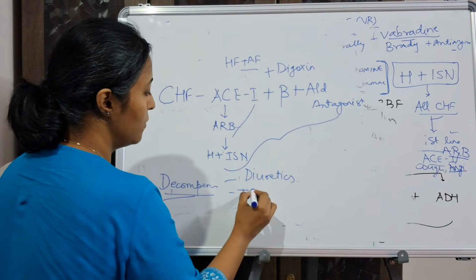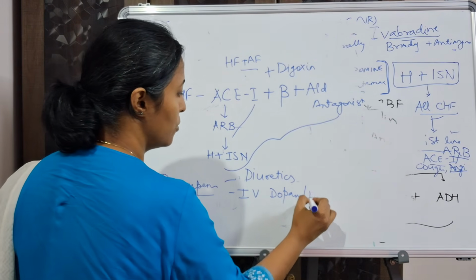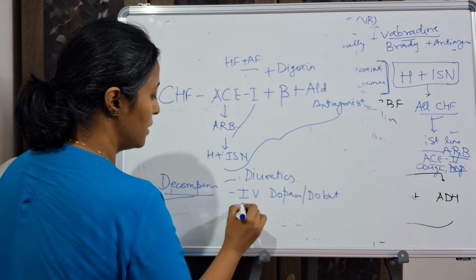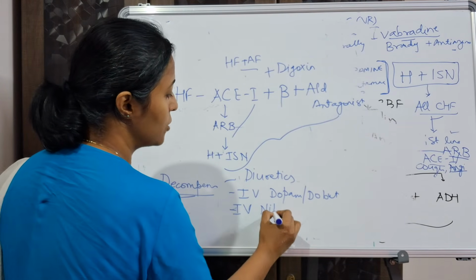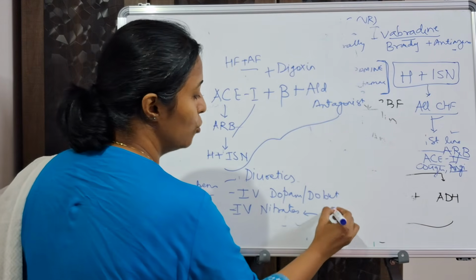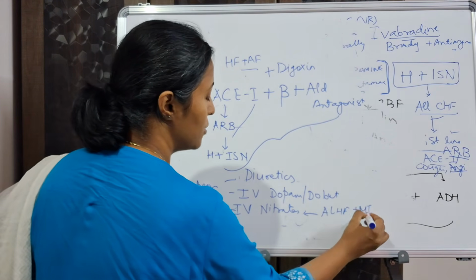Then we can give IV dopamine, dobutamine. Then IV nitrates are given. I told you that if there is acute left heart failure with MI, that is IV nitrate.